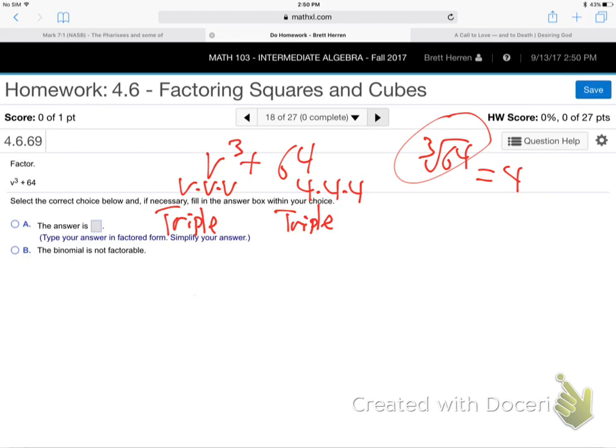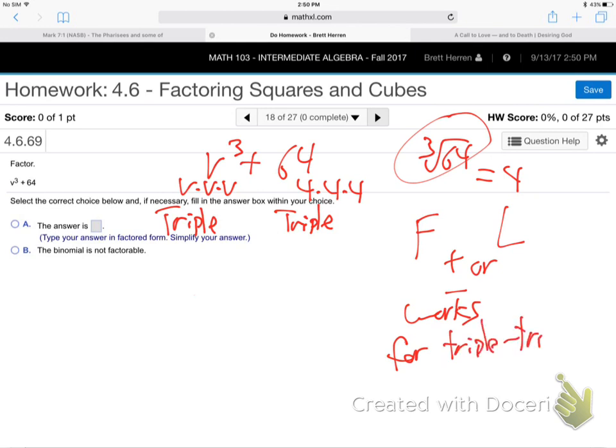But for a triple, plus or minus works. Remember that? They both work for triple, plus or minus, where for the double, only the minus works. So this will work. We can do this, but it's a totally different formula than it was for the 2.